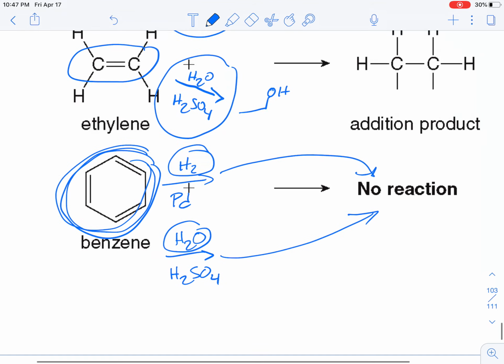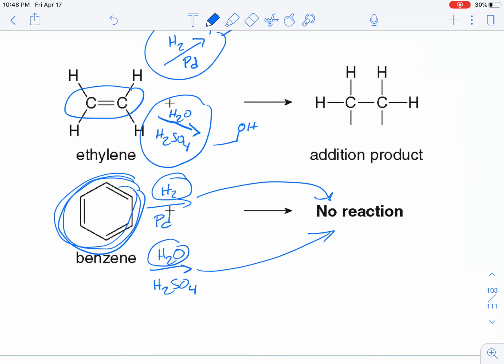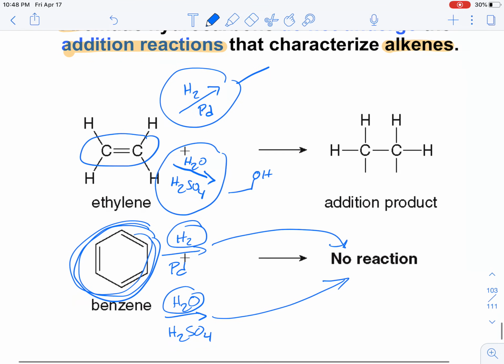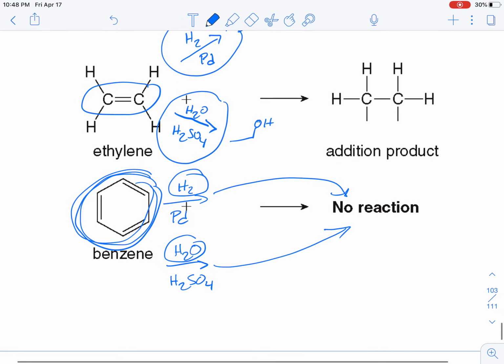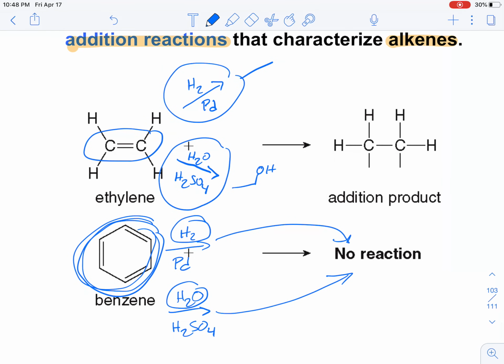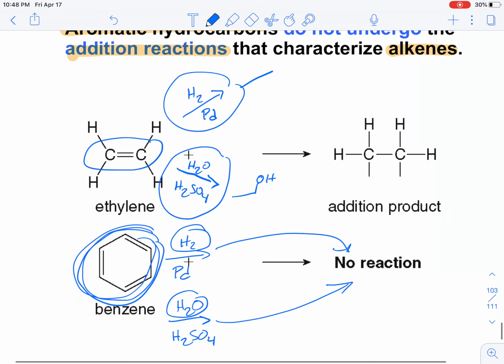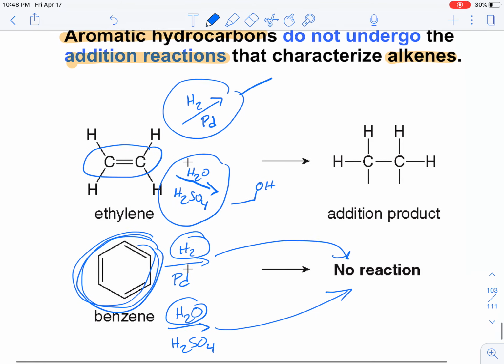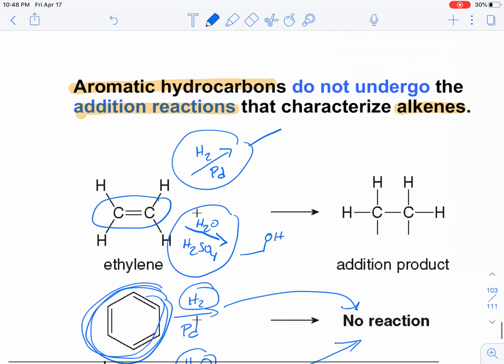No reaction, no addition product. All right. And so it's important for us to understand that benzene has this resonance structure, and the resonance structure gives it that extra stability so that it's not susceptible to undergoing addition reactions.